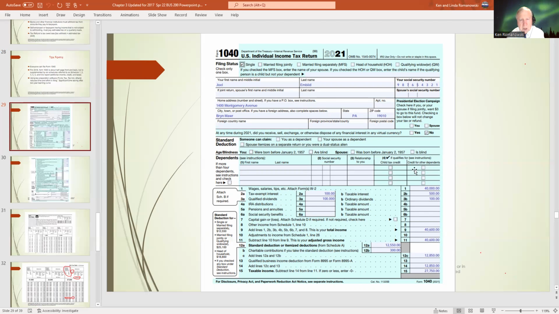It just so happened that I'm using the name of one of the 76ers, Joel Embiid. Okay, so let's talk about what you see on this form. Every form for the IRS needs to have your Social Security number on it.